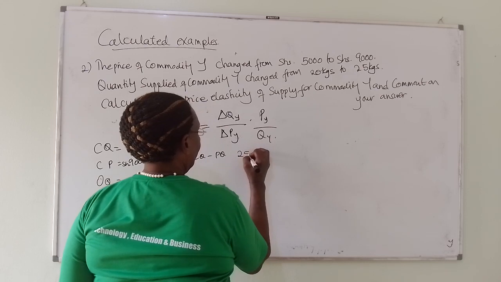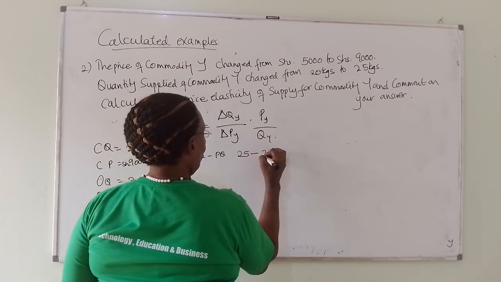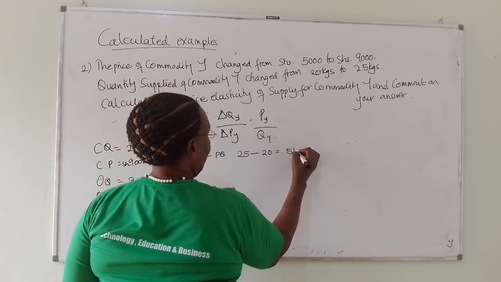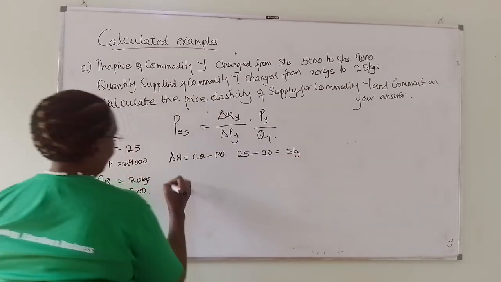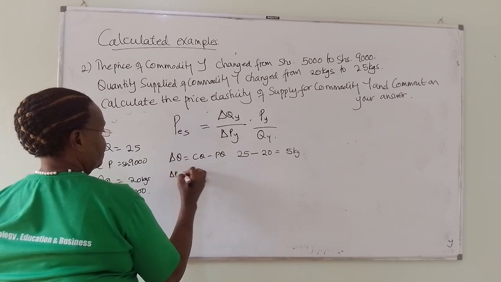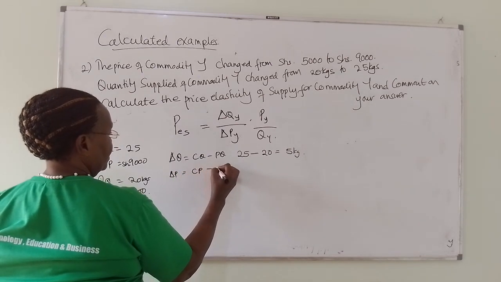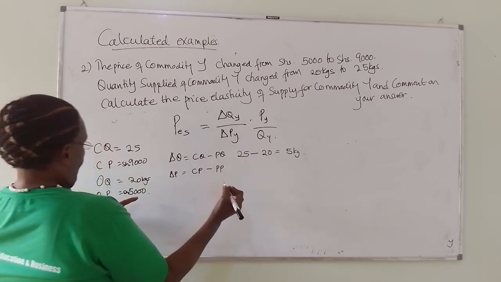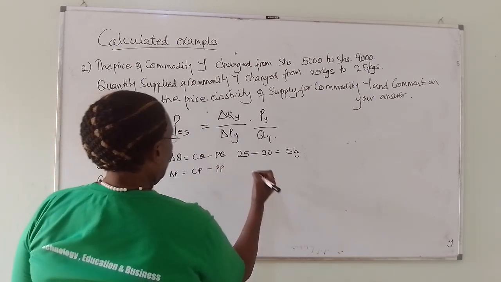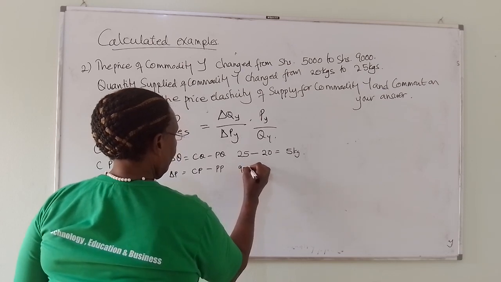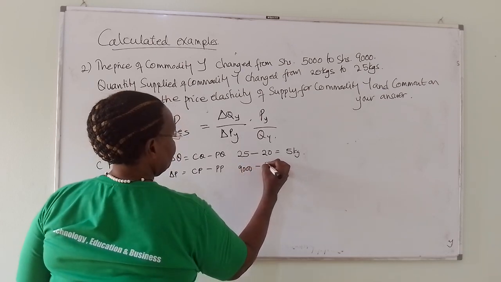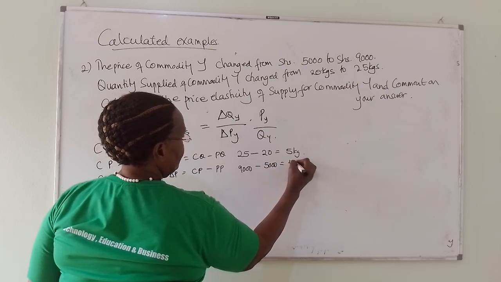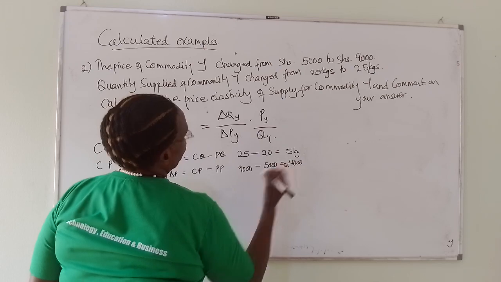So 25 minus 20, and our change in quantity is 5 kilograms. Then our change in price is given by current price minus the previous price. Our current price is 9,000, our previous price was 5,000. Therefore, change in price is 4,000 shillings.